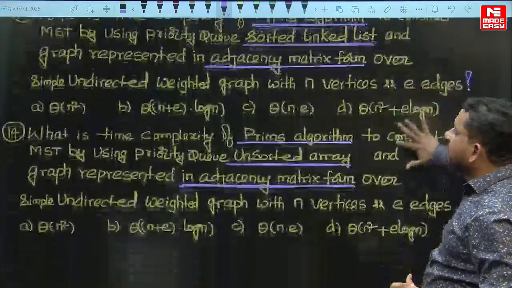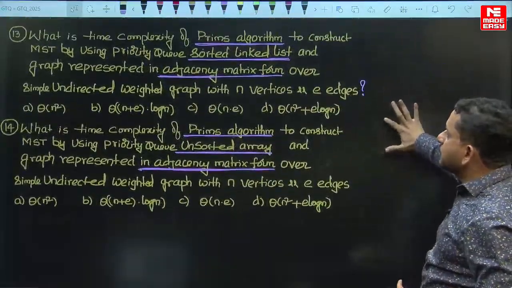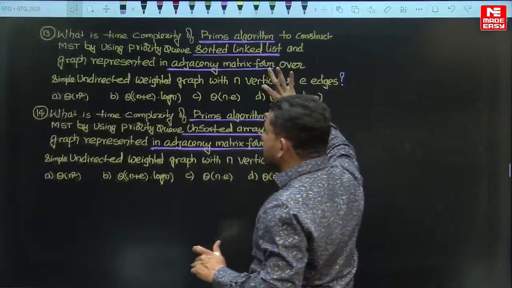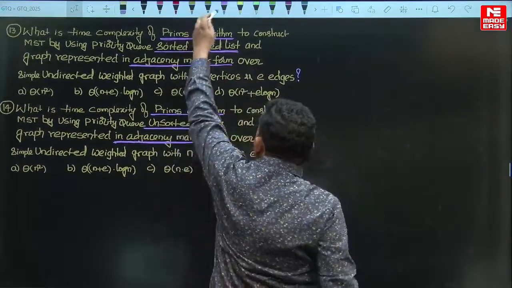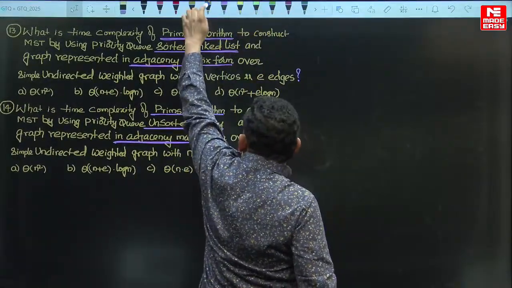Now see, Prim's algorithm and Dijkstra's algorithm have exactly the same time complexities.